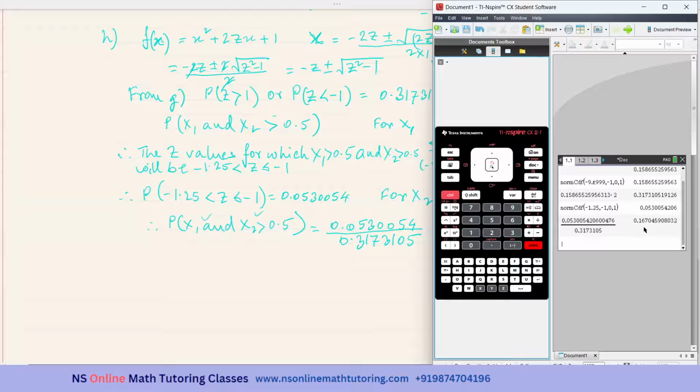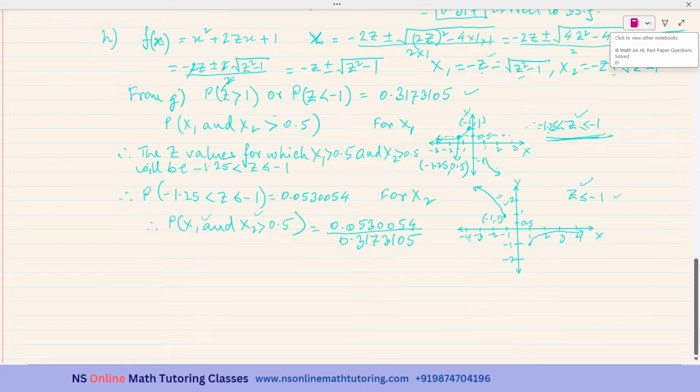So it is 0.167. Up to 3 significant figures, it will be 0.167. So this is equal to 0.167, correct to 3 significant figures.